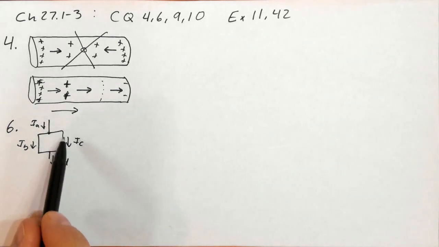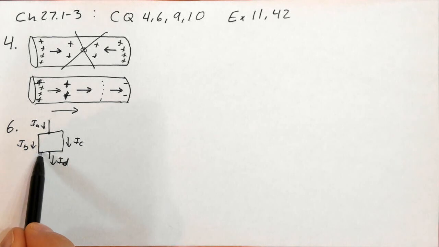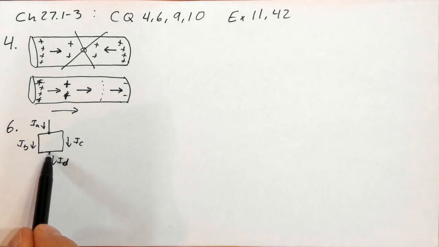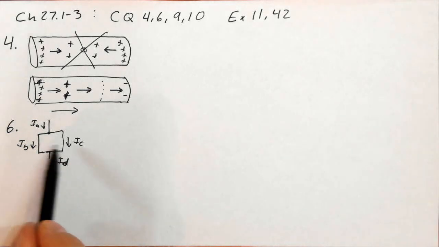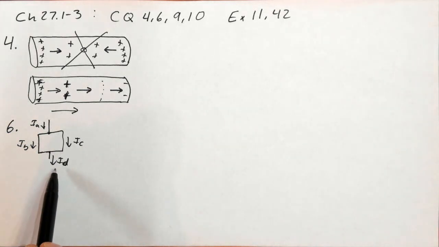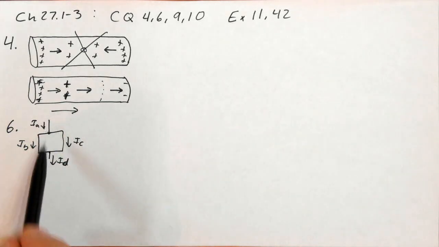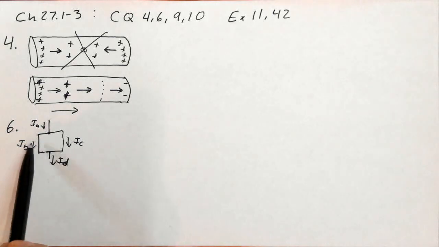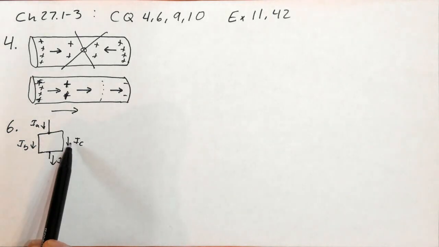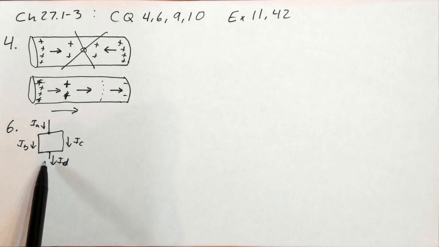Now, all that comes together and hits here, and so we have IB coming into this junction, IC coming into this junction, and ID coming out, which means IB plus IC must equal ID. And so IA must equal ID, because whatever came in must come out. And IB and IC are less than either of these.